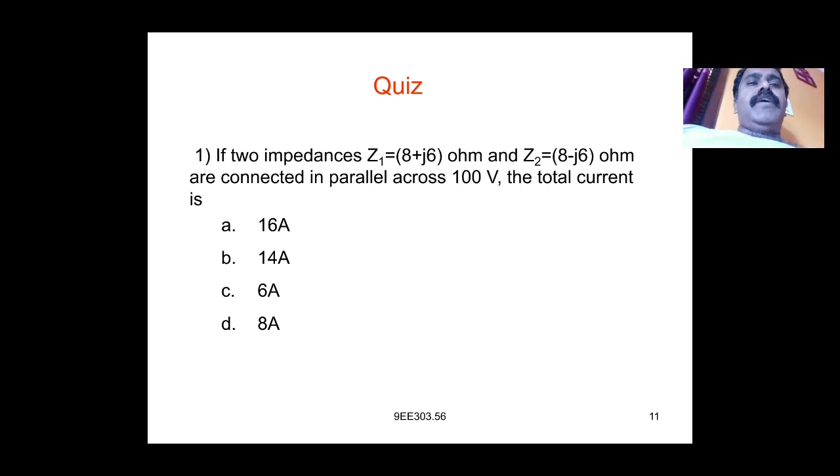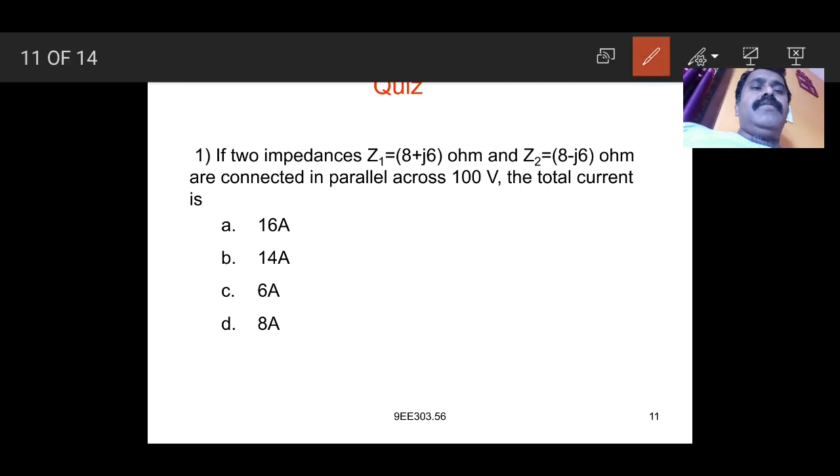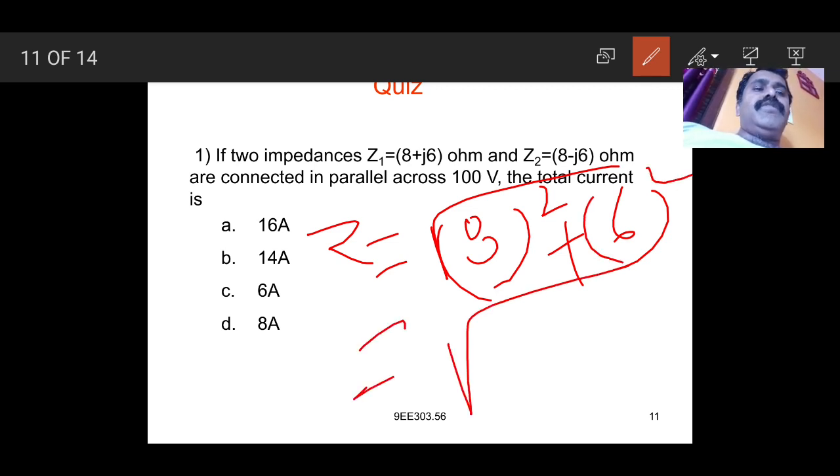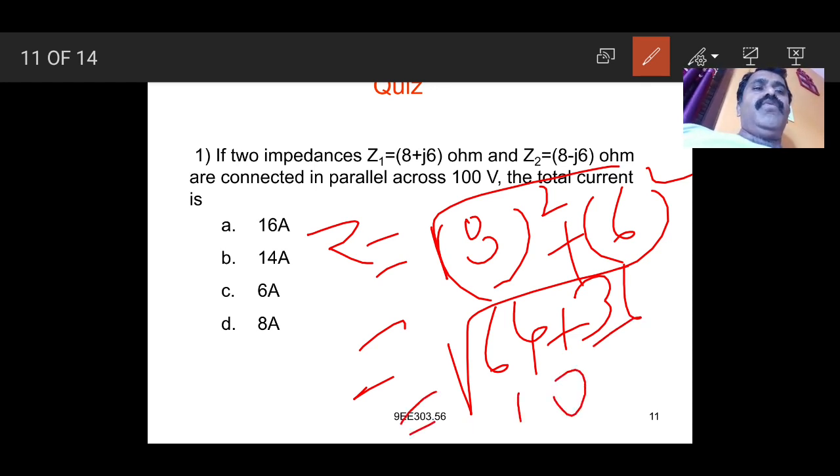For the parallel circuit, Z1 is equal to the root of 8 square plus 6 square, which is the root of 64 plus 36, that is equal to 10. Z1 is equal to 10.